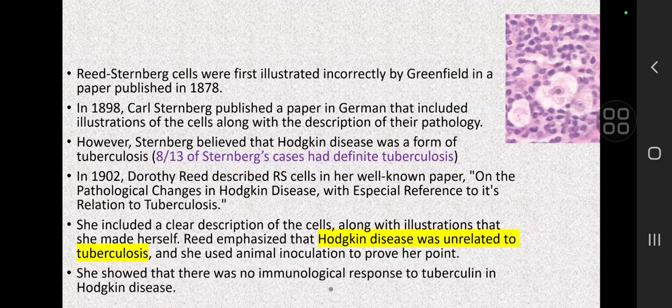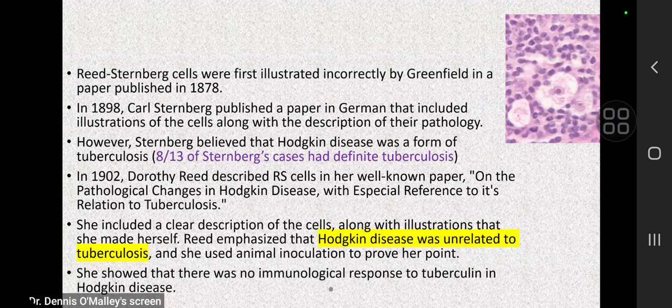He thought it was tuberculosis because even though the people had Hodgkin lymphoma, well, of course they had tuberculosis. Everybody had tuberculosis. Anybody with big lymph nodes back then probably had tuberculosis. So the endemic nature of tuberculosis in those days probably affected how this disease was considered and discovered and why everybody thought it was tuberculosis.